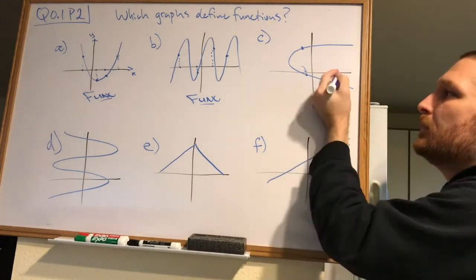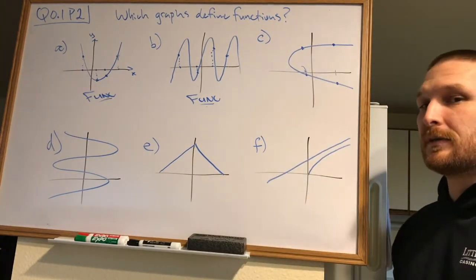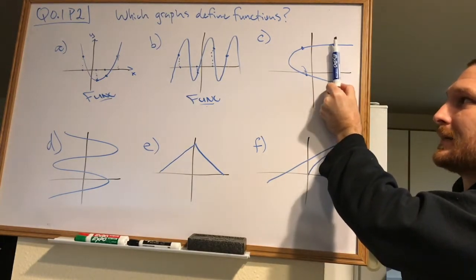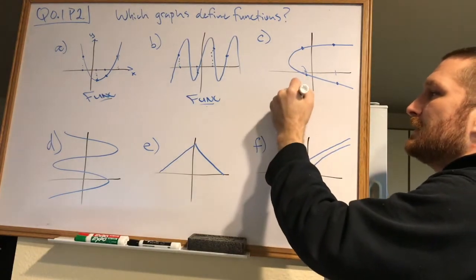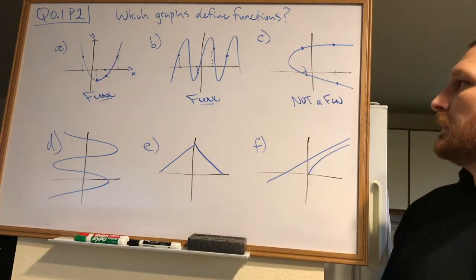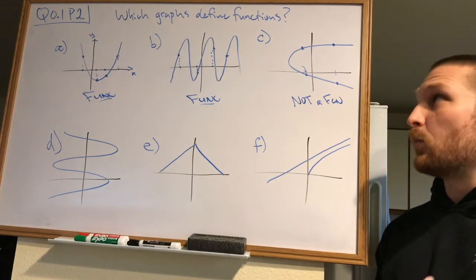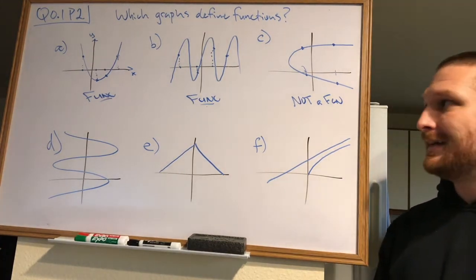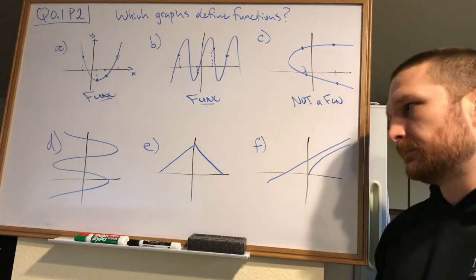When that's my input, I get this and that as an output. Said differently, the vertical line test fails right there because it hits it in two places. So this is not a function. And again, you could say that because there are inputs that have more than one output. You can say that because it fails the vertical line test. It means the same thing. As long as you know that it means the same thing, we're cool.